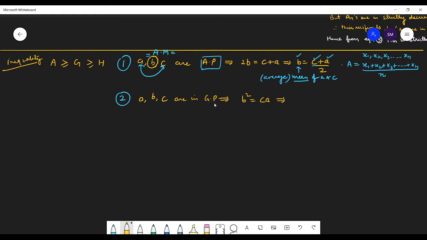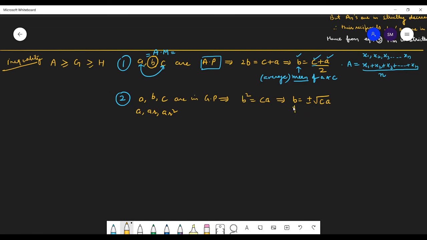GP means you can take them as A, AR and AR square, and you will find that B square is equal to CA. So it means that B is equal to plus minus under the root CA. If C and A both are positive, then plus under the root CA. If C and A both are negative, then minus under the root CA.